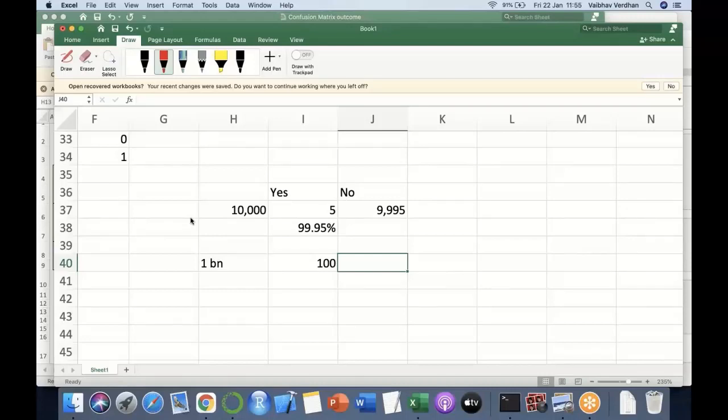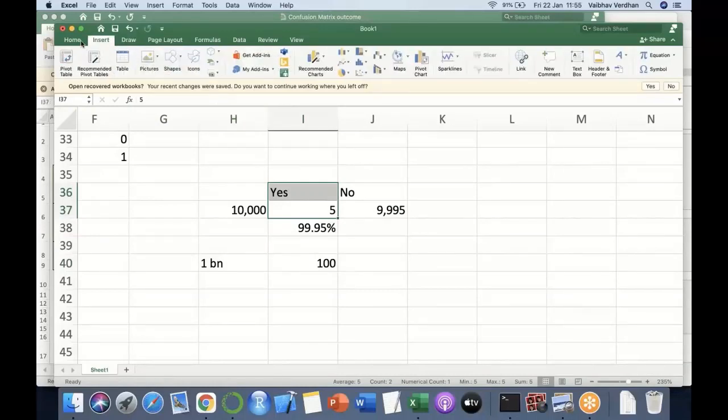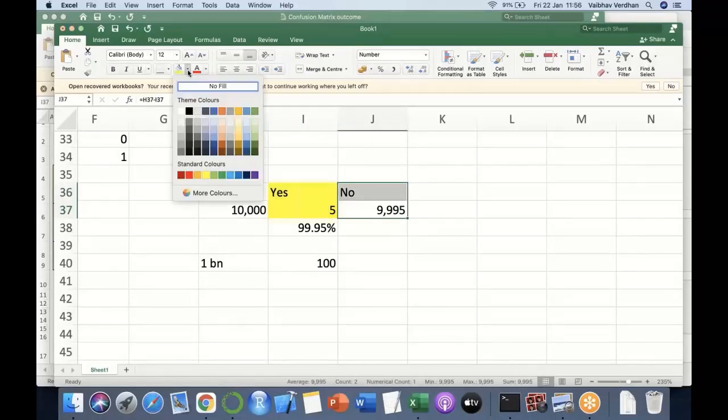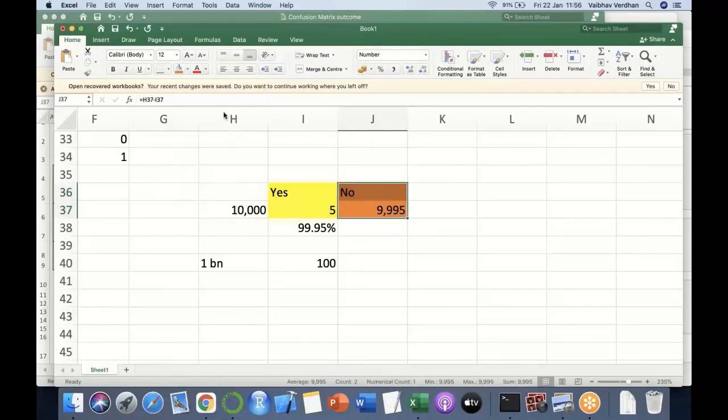Now, what are the ways to do that? The first way is that you oversample the underrepresented class, the one I'm marking in yellow. The other way is you undersample the overrepresented class.